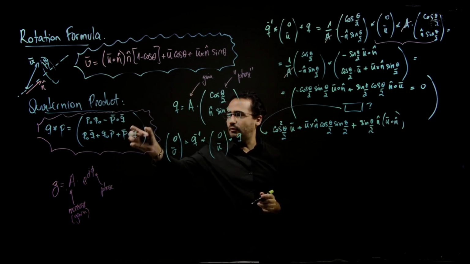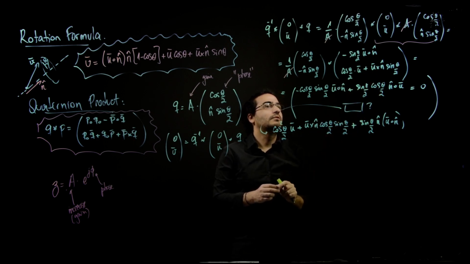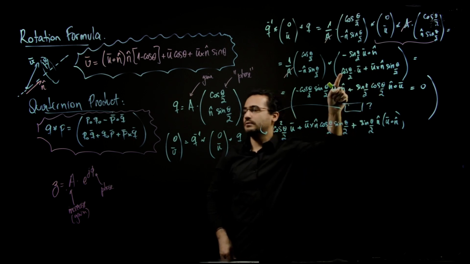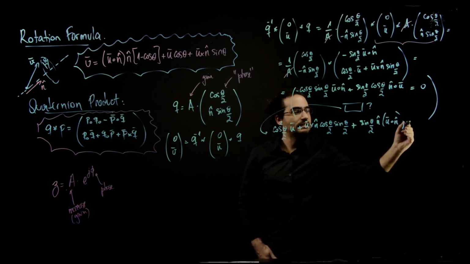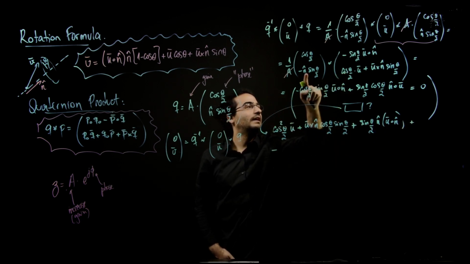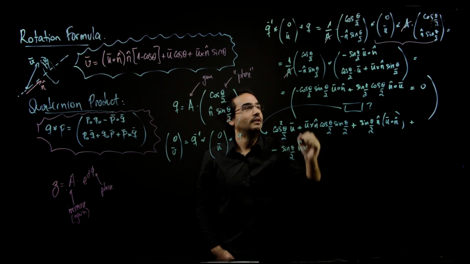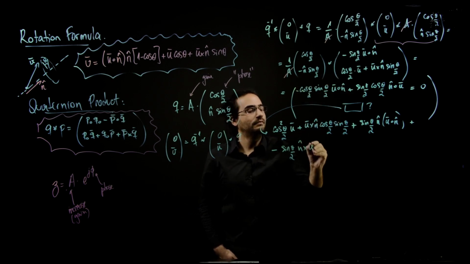And then the cross product of this vector and this vector over here. So the cross product, okay, so we'll add those up. We will have plus, I'll put it in 2 lines. So now we have a minus cross product of n sine of theta 2 and cross product u.